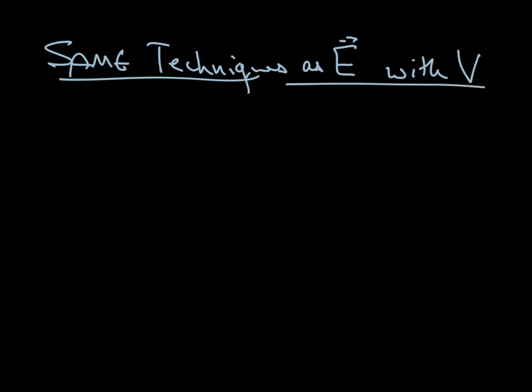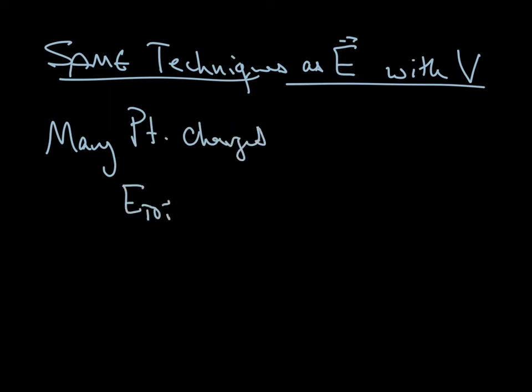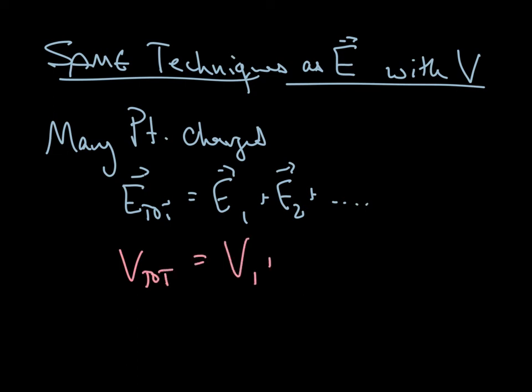So when we had many point charges, we said the total field was always just the field due to the first charge plus the field due to the second charge plus however many charges we have. Well, the total voltage will be the voltage due to the first charge plus the voltage due to the second charge plus however many we have.